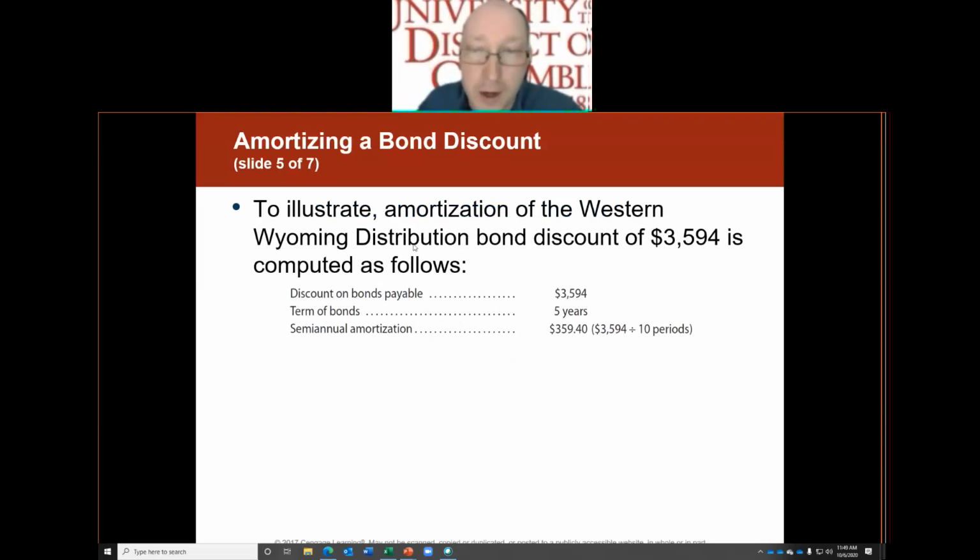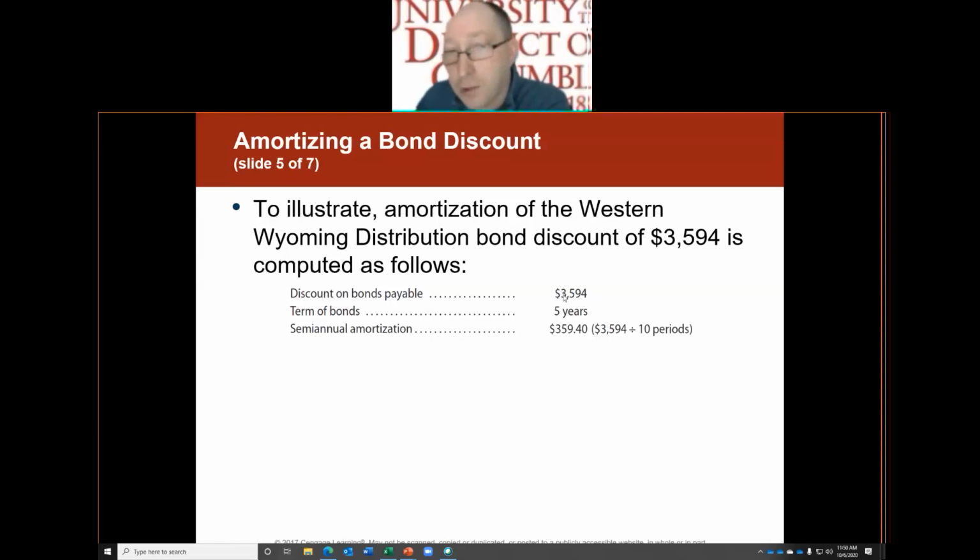How does it look? Here's a great example. We take the bond discount amount. The term of the bond is 5 years. That means if it's semi-annual, we take the amount divided by the 10 periods. Why 10 periods? Because it's semi-annual. It happens twice a year. 5 times 2 means there are 10 periods throughout the life of that bond.